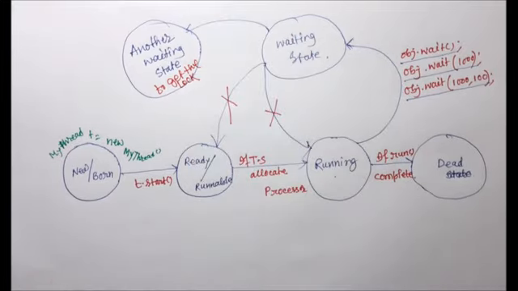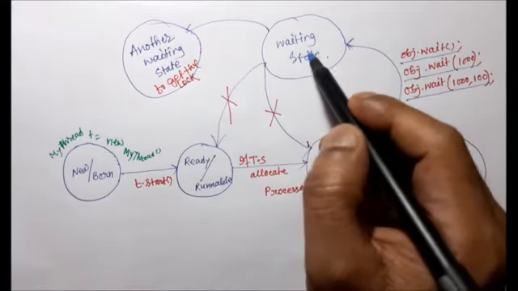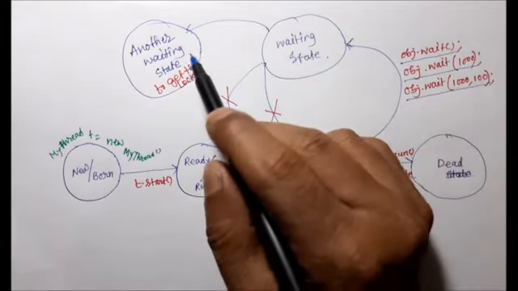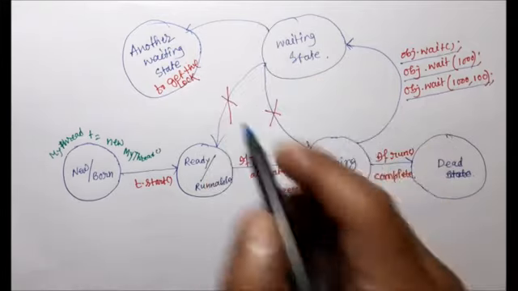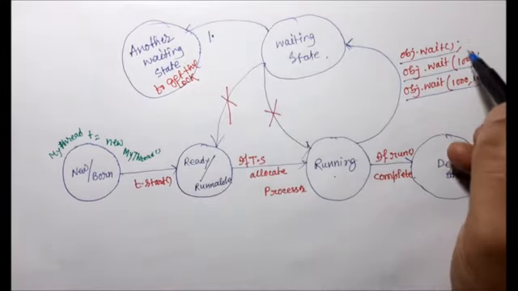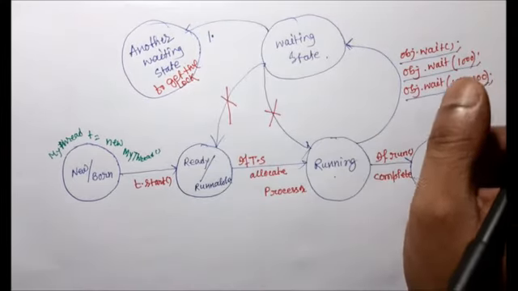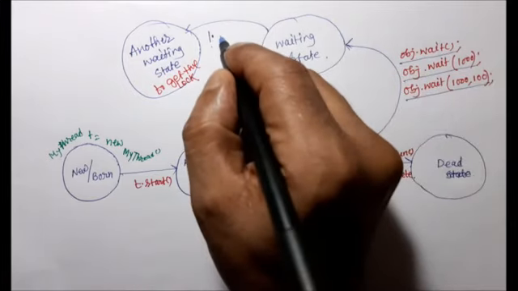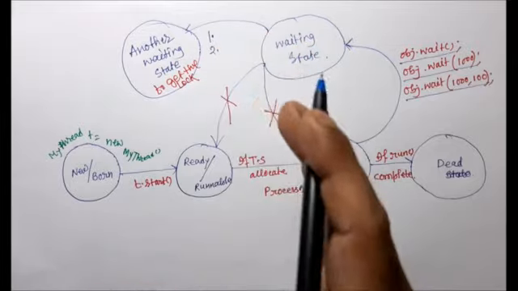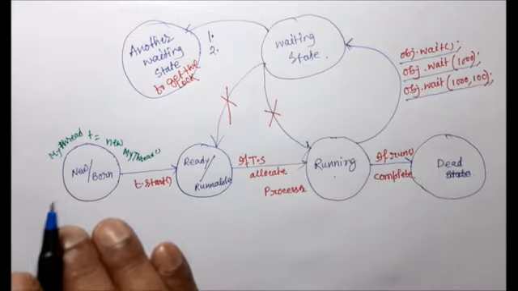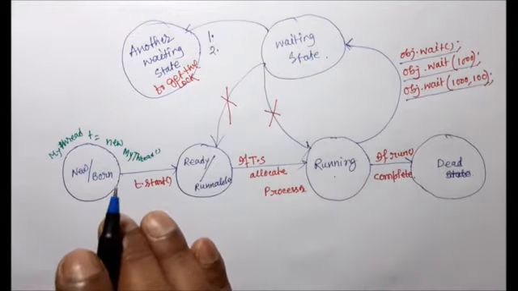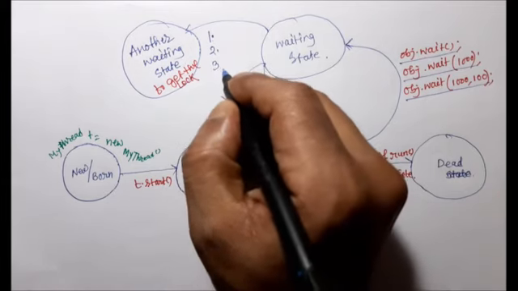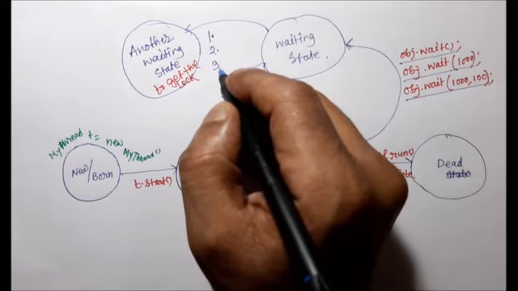right? And when the thread enters from the waiting state to another waiting state, there are three options. It may be that the waiting time expires, or second, the thread is notified by some other thread, or third option is when it gets an interrupt.